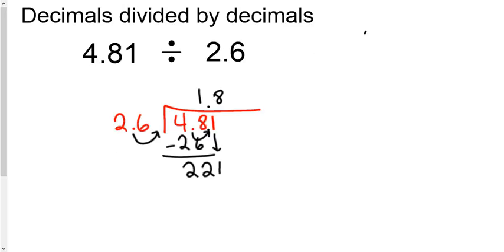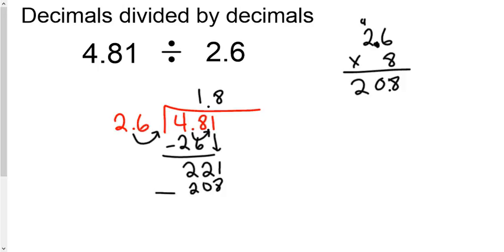So 2.6 times 8. Yeah, you've got to go ahead and do a little bit of math here off to the side. 48, carry the 4, 16, and make it 20. Count up your decimal points. I'm sorry, it'd be 26 times 8, so it'd just be 208. Apologize for that.